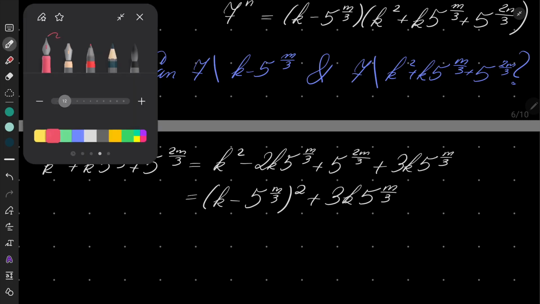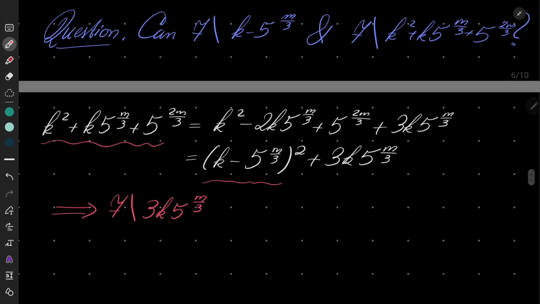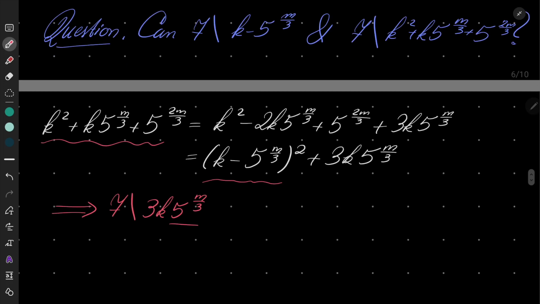And now look, if this is divisible by 7, and this is also divisible by 7, then that would imply that 7 must divide 3k times 5 to the power m over 3. But of course power of 5 is not divisible by 7, 3 is not divisible by 7, so 7 must divide k.